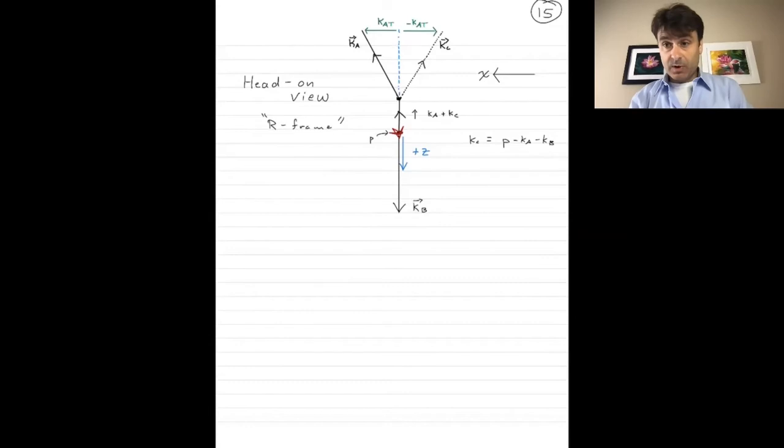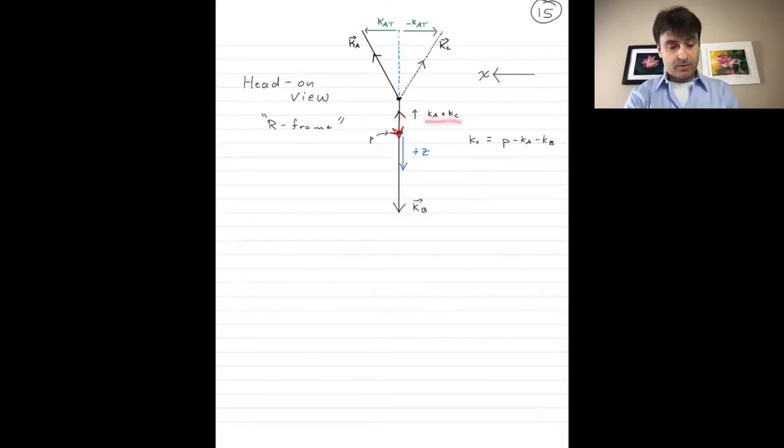Here's a diagram of what it looks like if you look head on to the collision in that coordinate system. Okay, again, you're sort of looking down the beam pipe. And here's the point of the collision. So this is right where the virtual photon splits into the quark-antiquark pair. Here goes the antiquark, here goes the quark up.